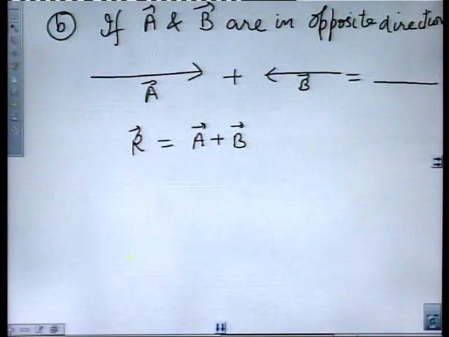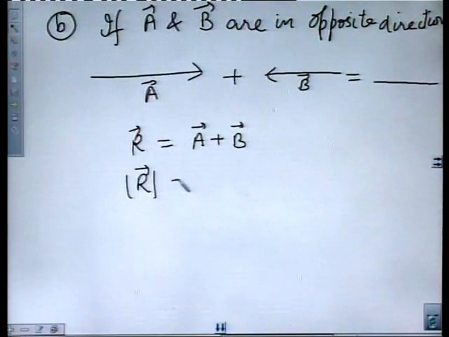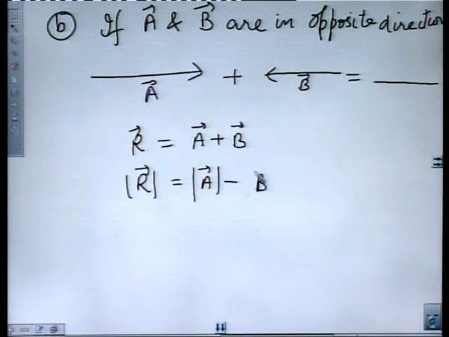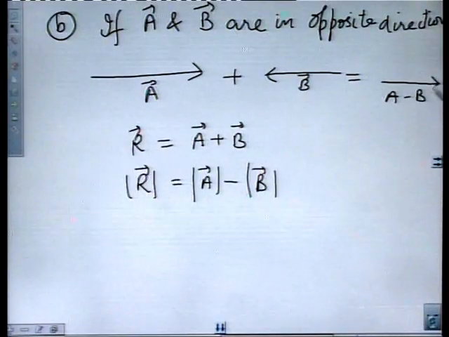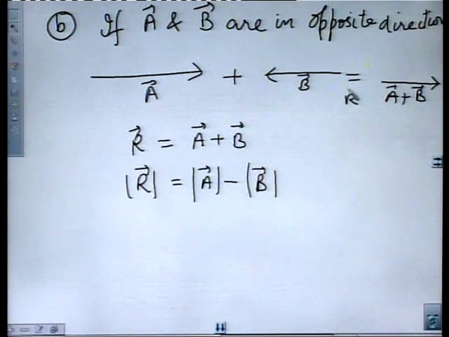Its magnitude will be equal to magnitude of vector A minus magnitude of vector B. In this picture, we can see that the magnitude of vector A is more as compared to the magnitude of vector B. So, the magnitude of vector R is equal to A minus B, and its direction is as that of the vector A. So, this is the R vector.